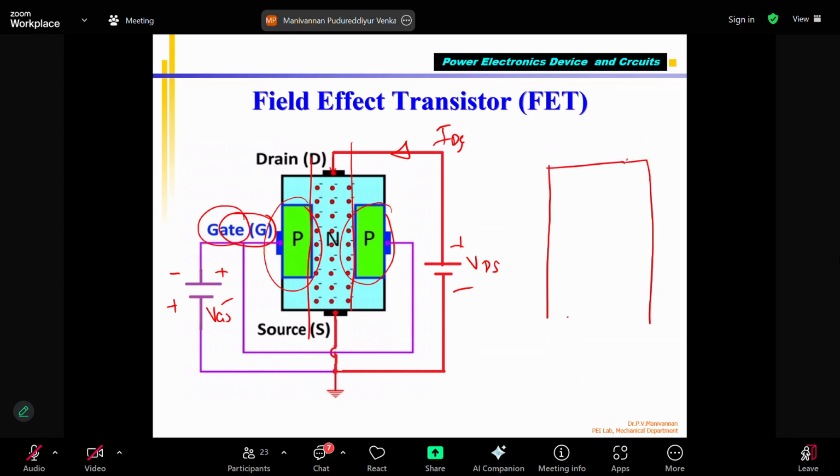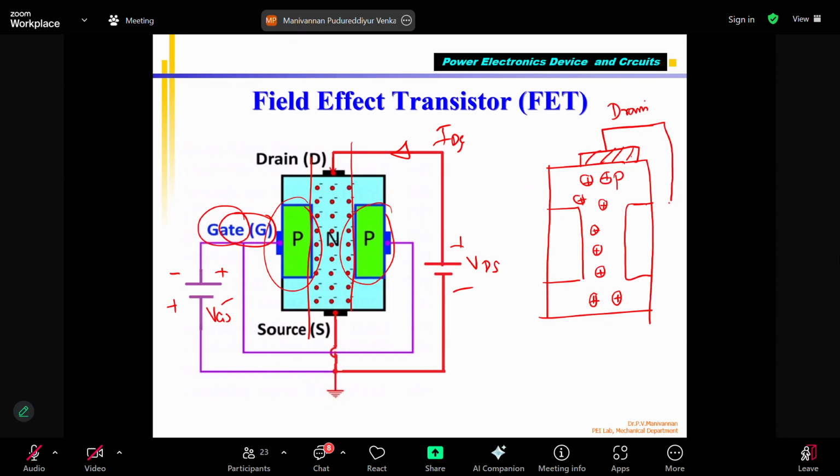P channel MOSFET means the bulk material or main material will be made of P type material. This is P material, so it has positive charges, which are called holes, everywhere. Please note that it is everywhere. And here I deposit one contact called the drain.